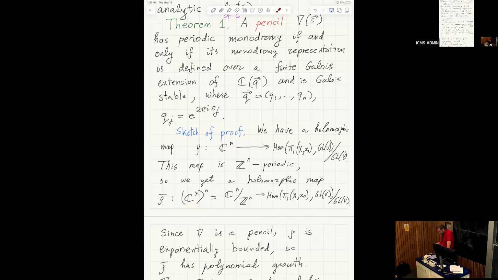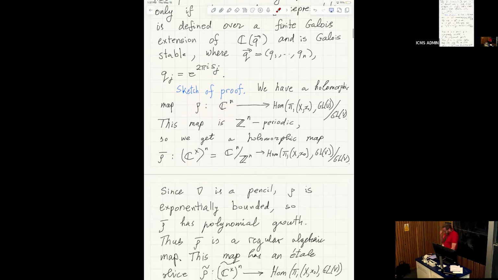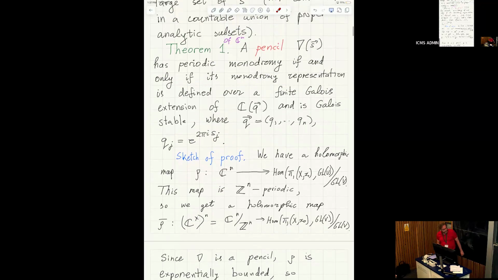And since nabla is a pencil, which means it linearly depends on s, if you have a differential equation linearly depending on s, such as df/dz equals s times A times f, then the monodromy is going to be exponentially bounded. Monodromy along a fixed curve is going to be bounded by an exponential function of s.